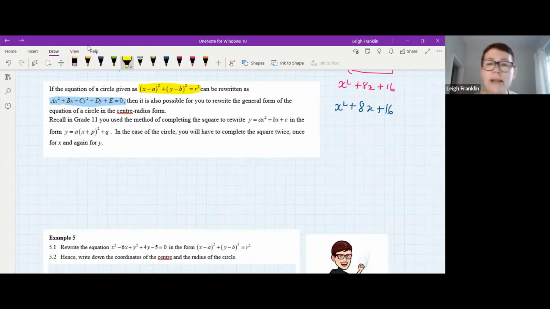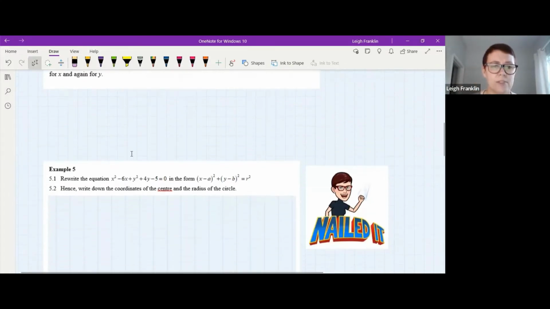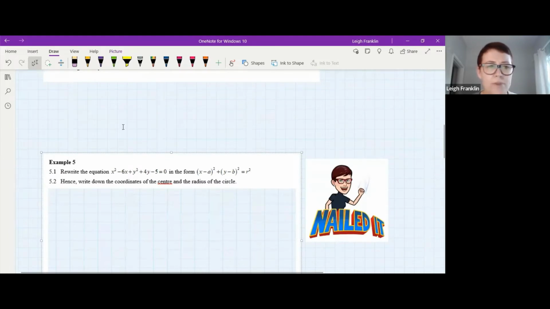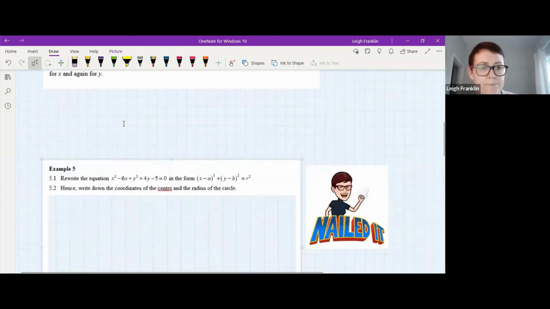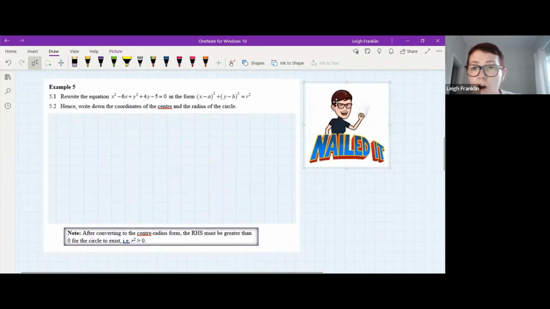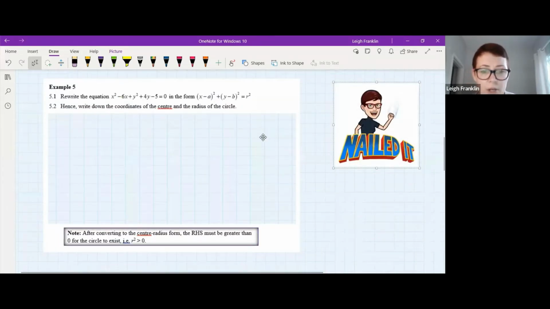And it's not as difficult as completing the square in grade 11. I'm going to show you with this example exactly how that works. Are there any questions so far? Can I just jump straight into this? Is everybody okay? Right, I shall take your silence as meaning that everything is fine, and if it's not, you will stop me.